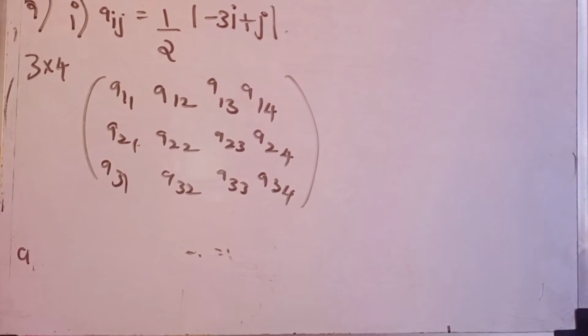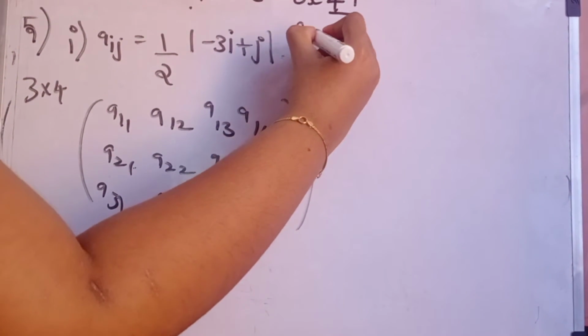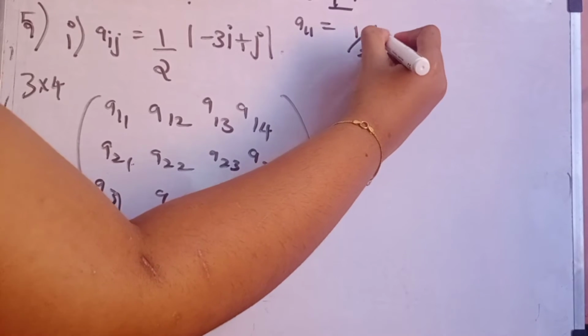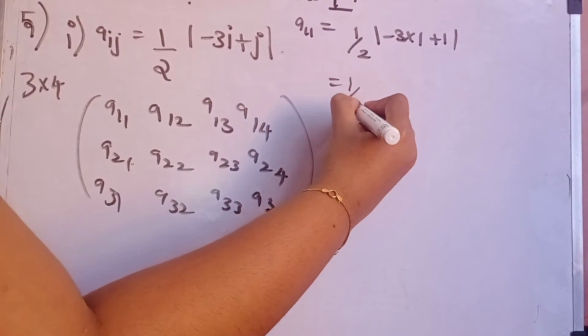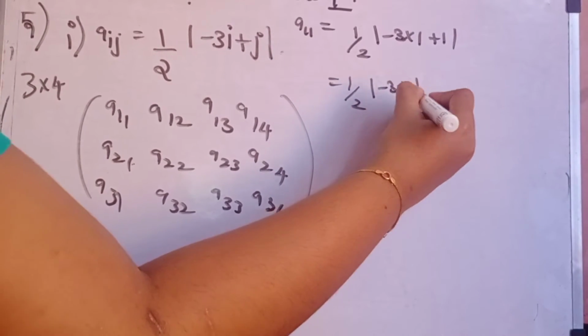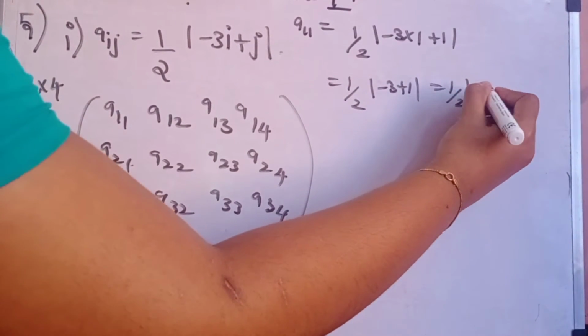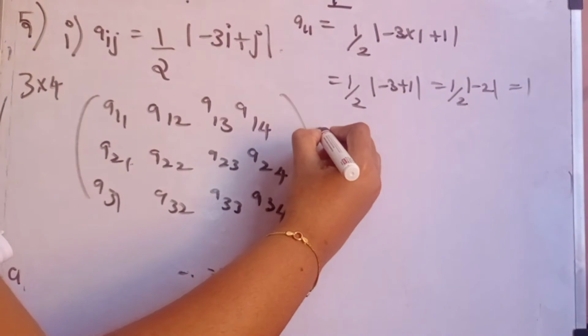For A11, 1 by 2 minus 3 into 1 plus 1, so 1 by 2 minus 3 plus 1, 1 by 2 minus 2, so 1.